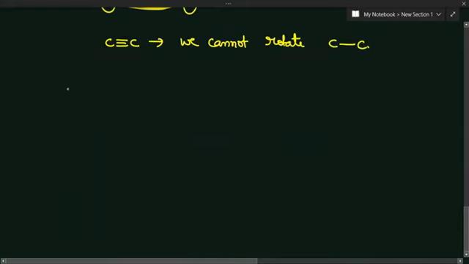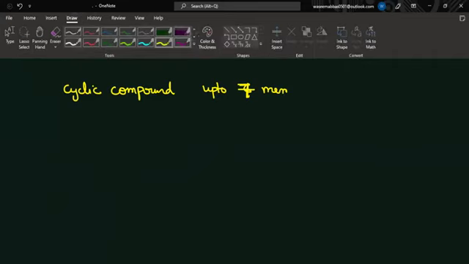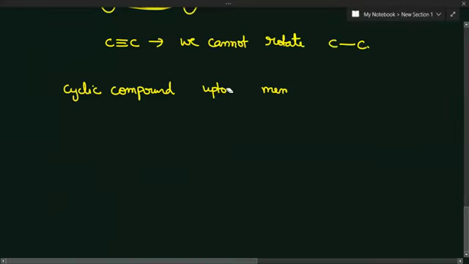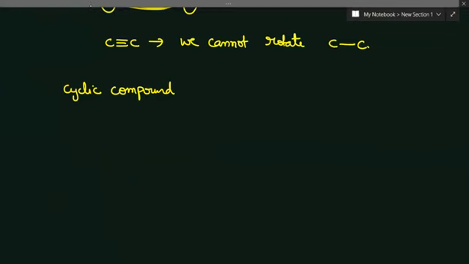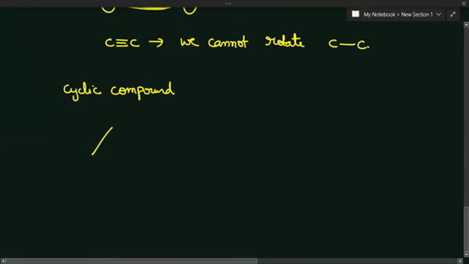Another example is any cyclic compound, up to a 6-membered ring, sometimes I can say up to a 7-membered ring. I'll discuss this later. Like cyclic compounds, if I take cyclopropane, take any 2 carbons.